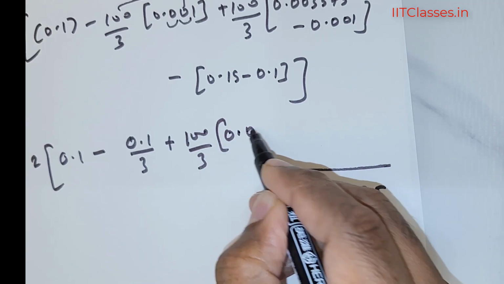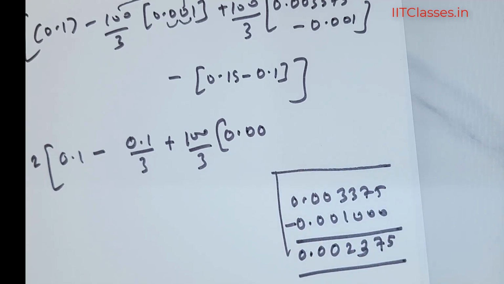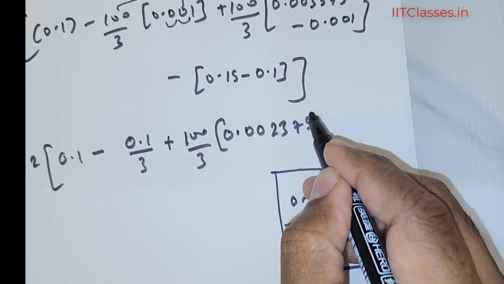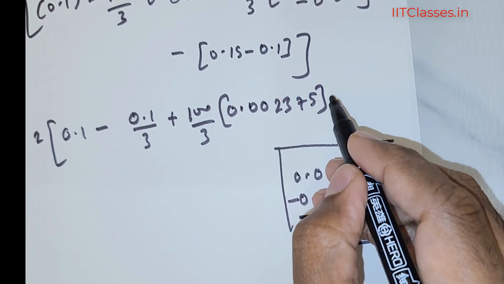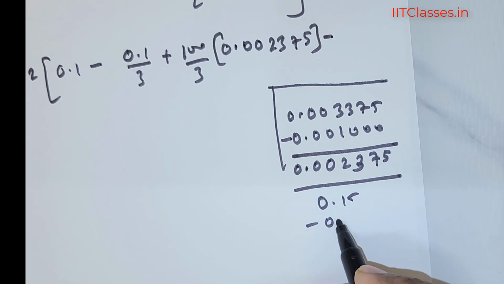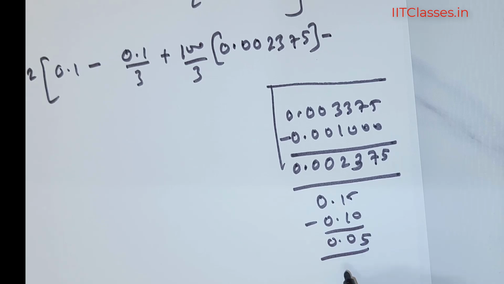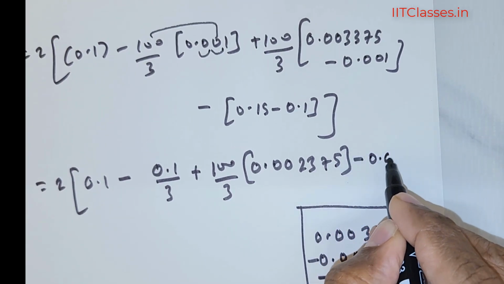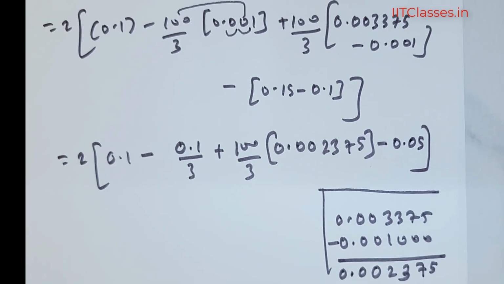So this is 0.002375, fair enough, followed by 0.15, you take away 0.10, so it's going to be 0.05. So this is what we have got.